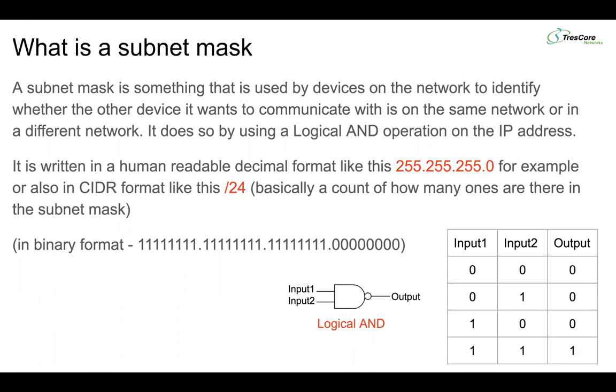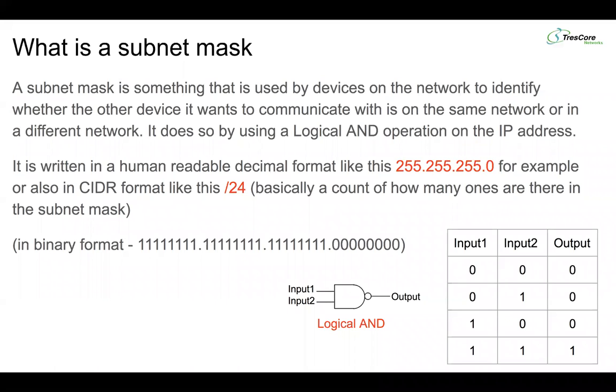Basically, all the computers have it. If you're setting it up manually, you would find out. But if you're dynamically getting an IP address, you will not see all these things. But assuming you are a network engineer, or you're doing something manually, the subnet mask is something that your computer will ask for if you are manually assigning an IP address to that device.